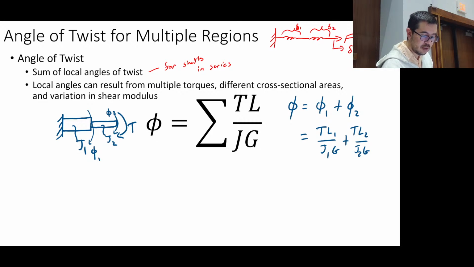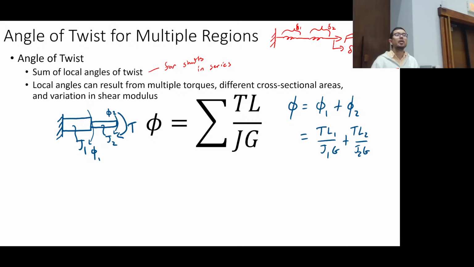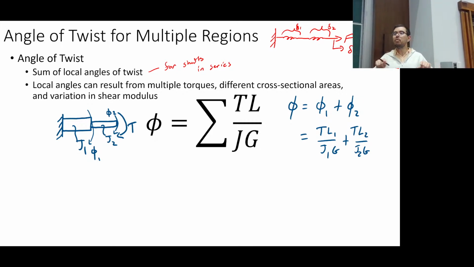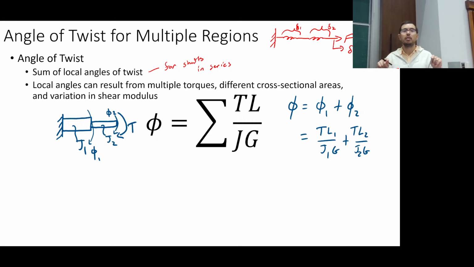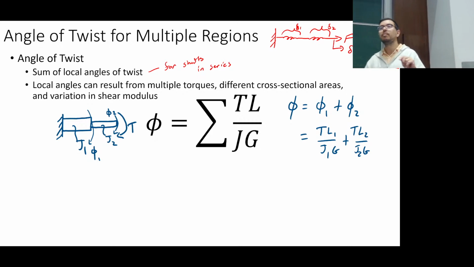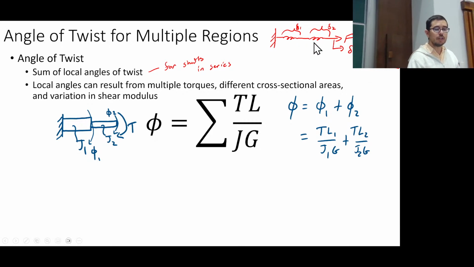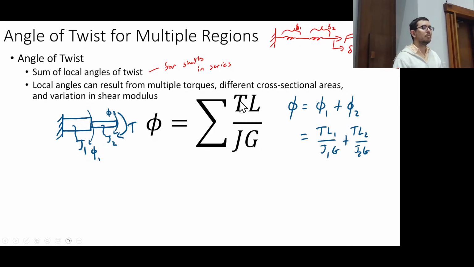I know that delta is going to equal delta 1 plus delta 2. So that's the relationship for displacement. What's the relationship for the internal force with springs in series? Yes, Mark. It's the same, it's the same force in both of these springs.